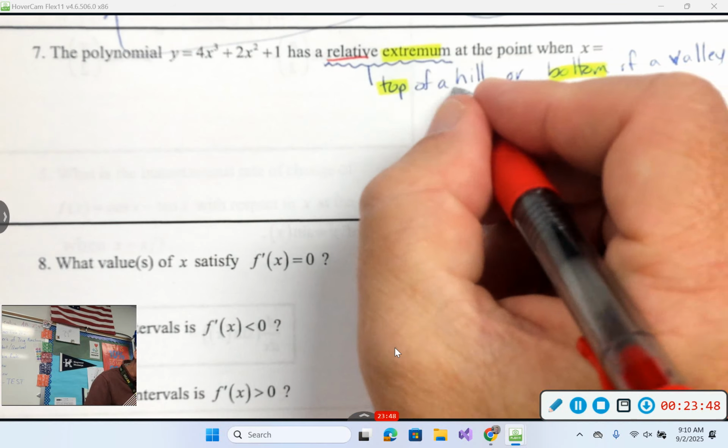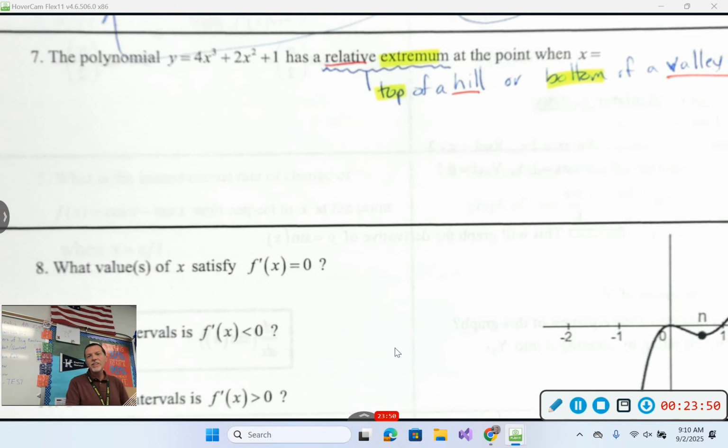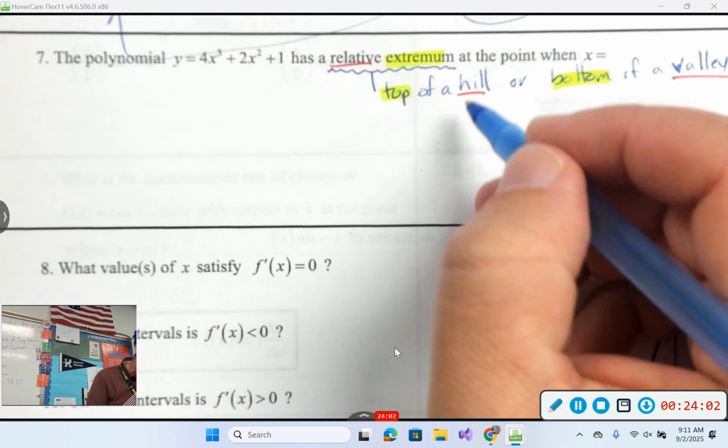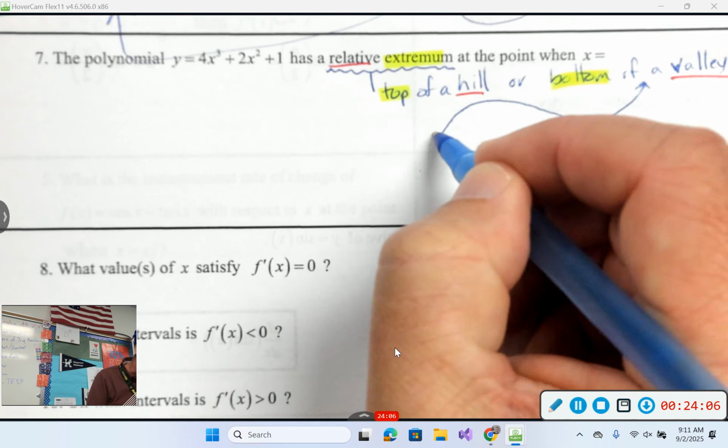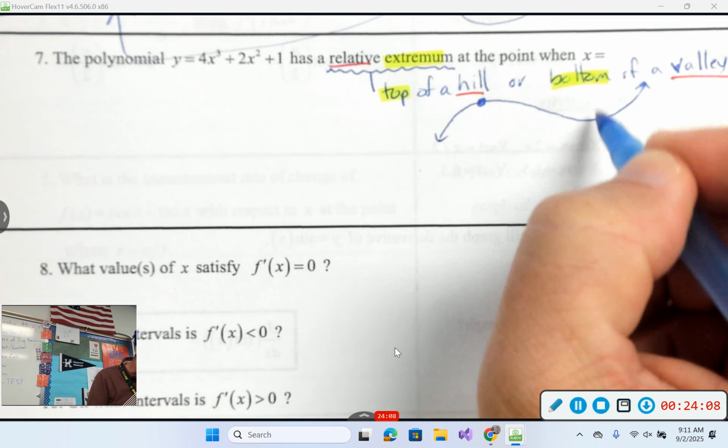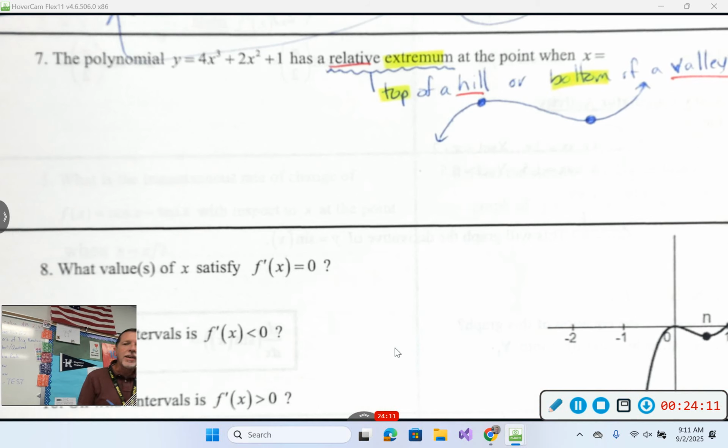Relative means there could be other hills or valleys and other mountaintops, but relative just means on an interval, relative to its neighbors, it's at the top or the bottom. So there's the top of a hill and there's the bottom of a valley.